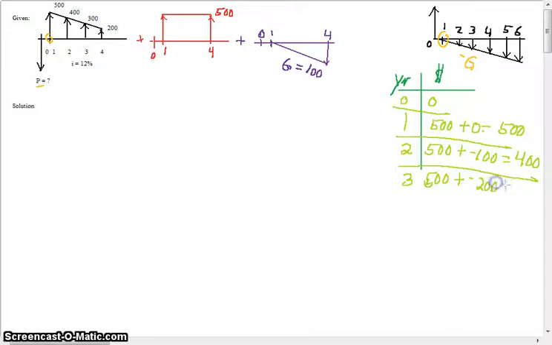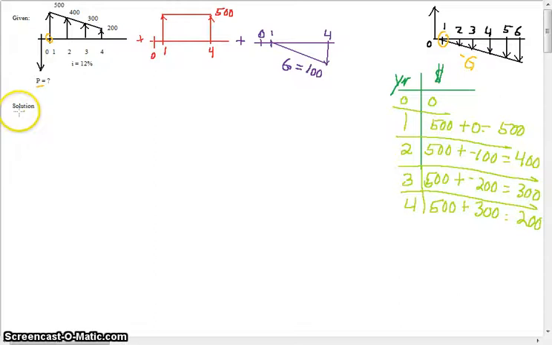Our gradient is increasing. That gives us 300. And year 4, we'll have 500 plus our negative gradient of 300, which equals 200. So we see this does recreate our cash flow diagram that we really wanted.